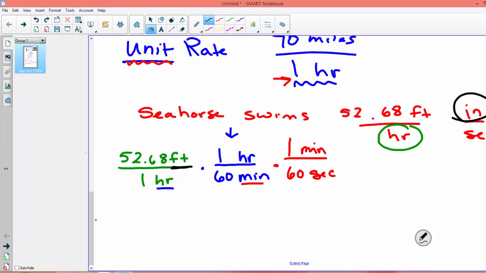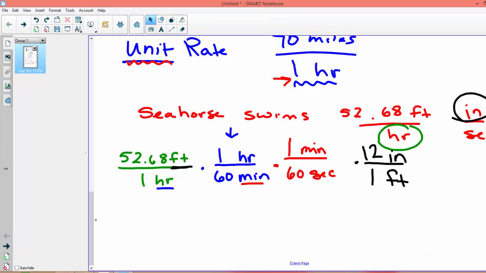So to convert feet, we would need to multiply by something where feet is on the bottom, because that's how the word feet would cancel, and inches would be on top. And there are 12 inches in 1 foot. So that number is also just like 1. So you can multiply this directly across.